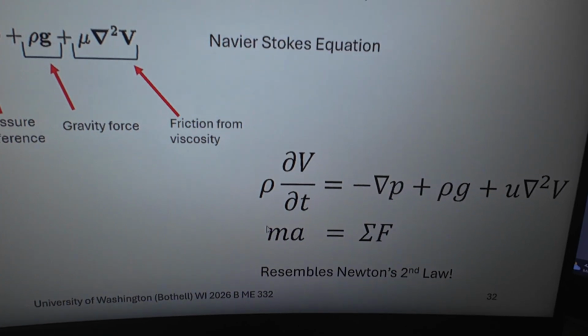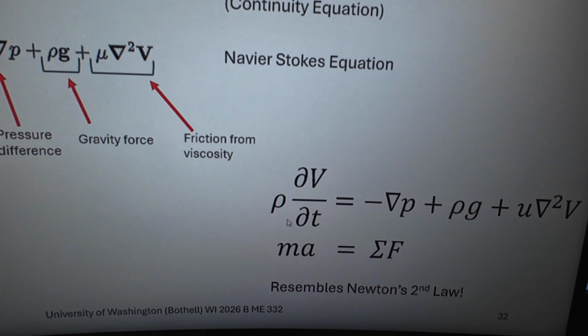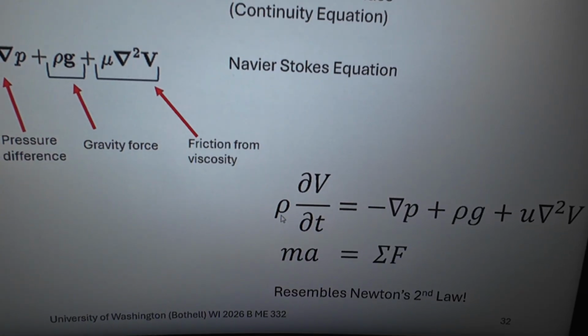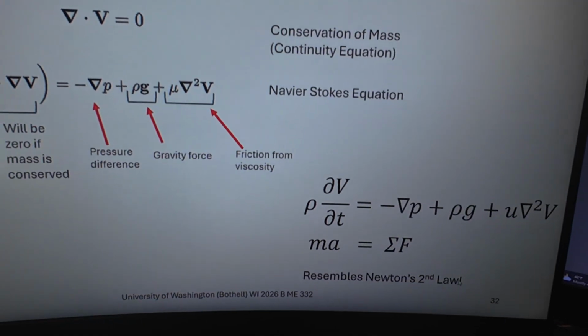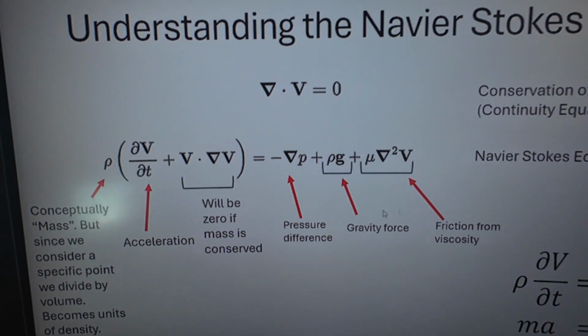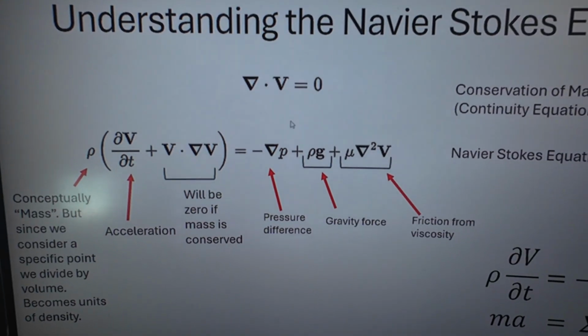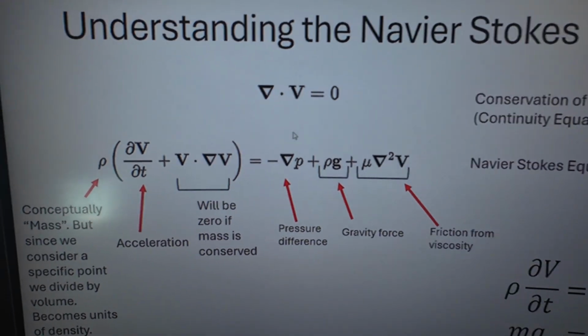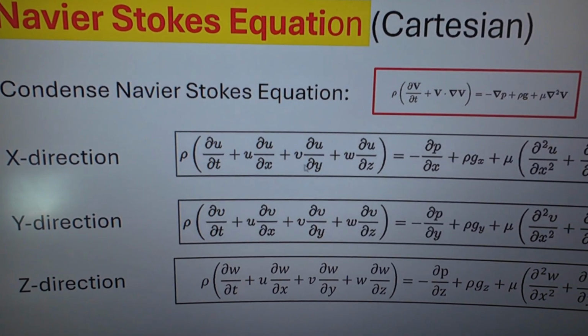In this case, our mass is like our density because we're looking at a fluid, and that is mass divided by the volume. The reason I bring this up is because we're going to be using both of these equations to solve this problem. It's essentially these two equations.